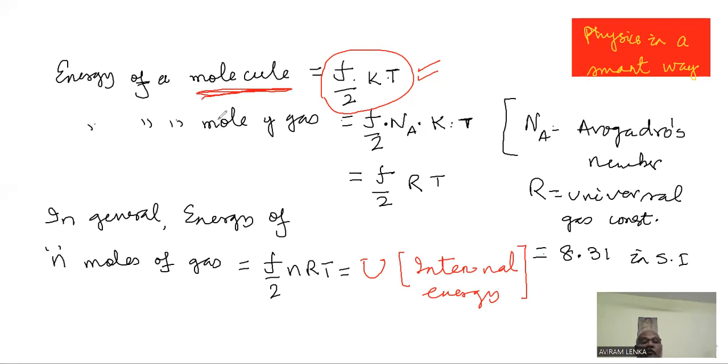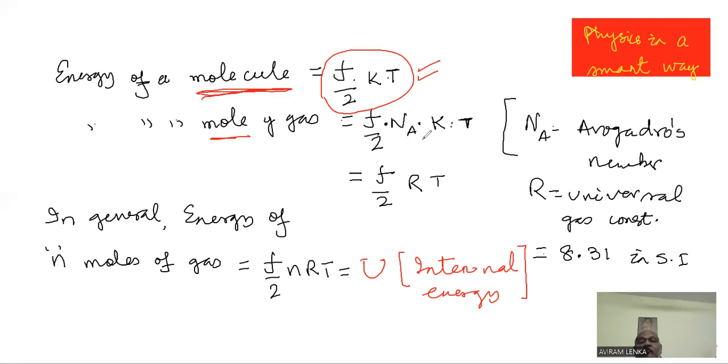So from a molecule, if you go to a mole: energy of a molecule was f by 2 into kT, Boltzmann's constant k, and a mole of a gas consists of Avogadro's number of molecules, that is 6.023 into 10 to the power 23.